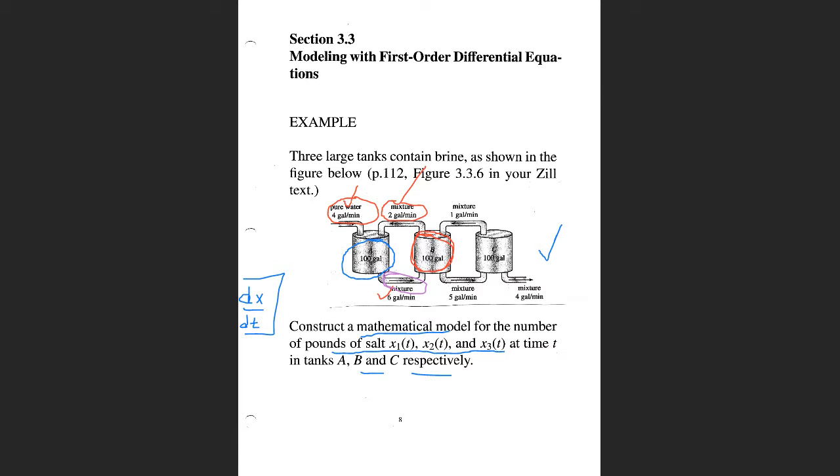So if we go to the solution for dx1/dt, this is the pure water coming into the tank. Pure water, which has 0 pounds of salt per gallon, enters the tank at 4 gallons per minute.